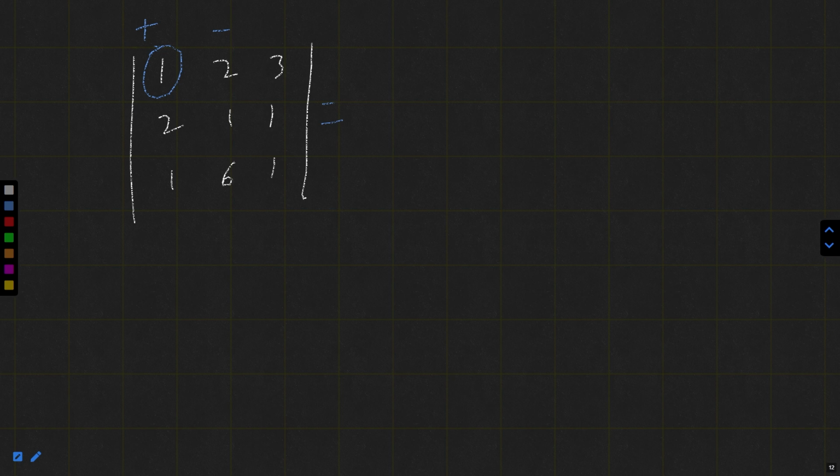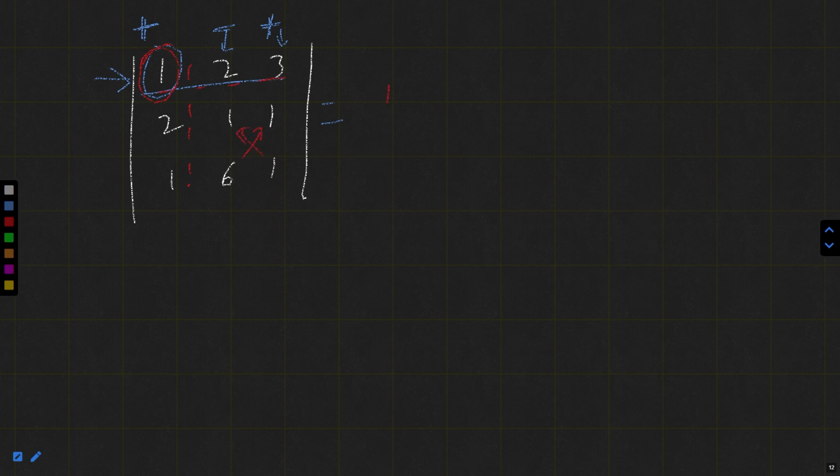So plus, minus, plus for this row. So you will use a plus for this one, minus for this, and plus for this. So this means start with this entry. Okay, you are starting with this. So removing this row and this column, you only left with this and this.